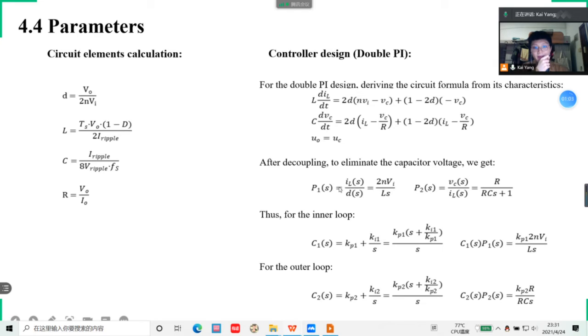Then we will get these two formulas for P1 and P2. Therefore, for the inner loop, we could multiply C1 and P1, and for the outer loop, we could multiply C2 and P2. The result is shown here, and we will talk about their final parameter values in the later part.